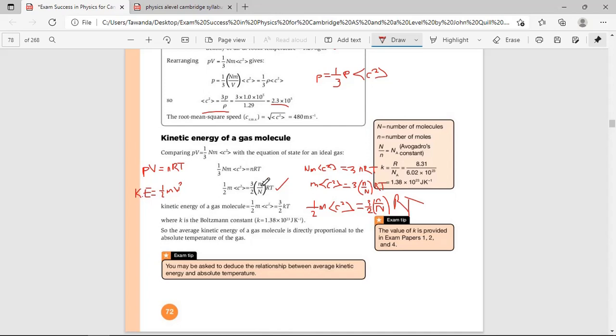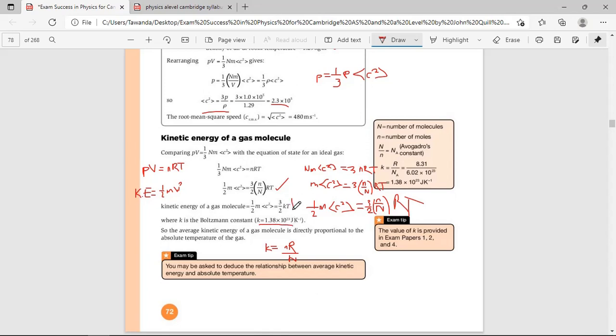So from here to here we can use the Boltzmann constant, where the Boltzmann constant k is small n, then R, over capital N. Again, we are also given the constant in the formula booklet.